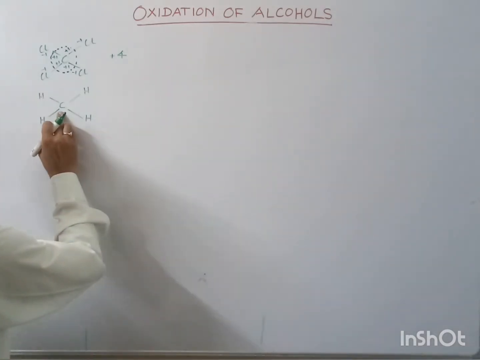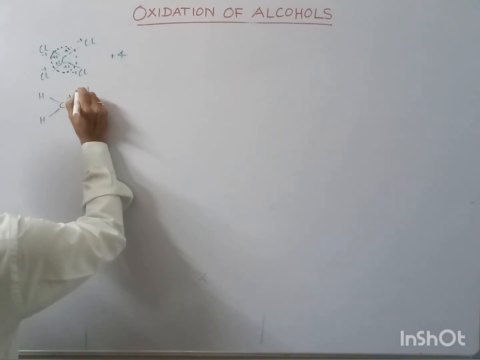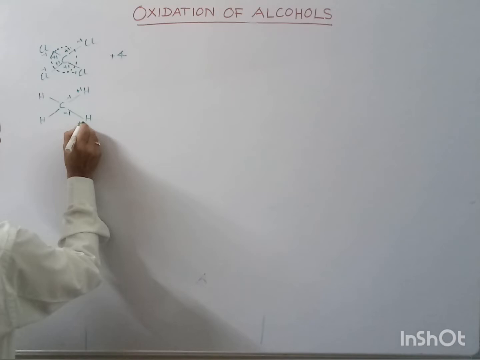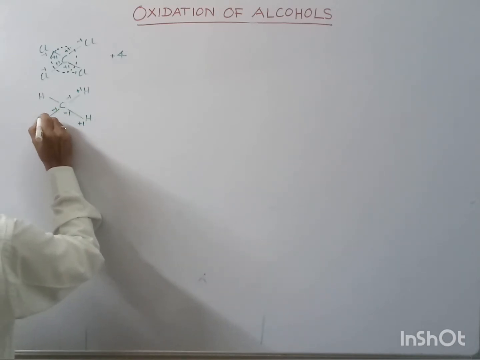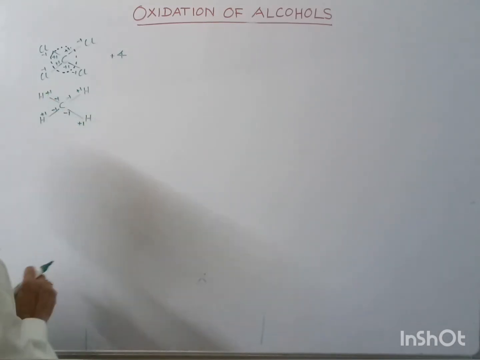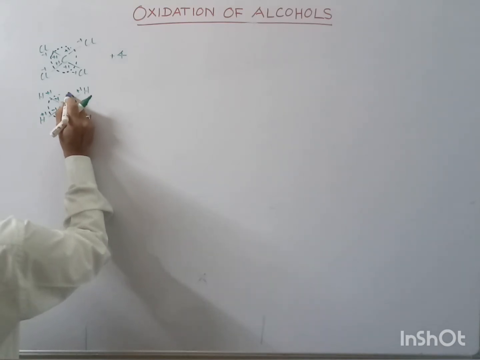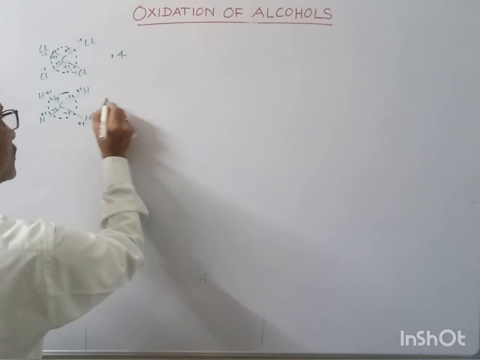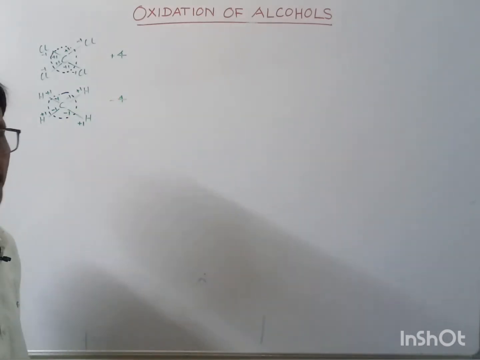So carbon gets -1 and each hydrogen gets +1, for all four bonds. Overall there are four -1 charges, so the oxidation state of carbon would be -4.